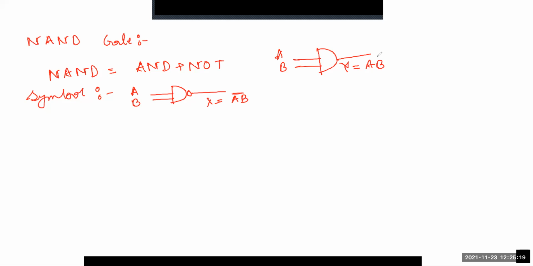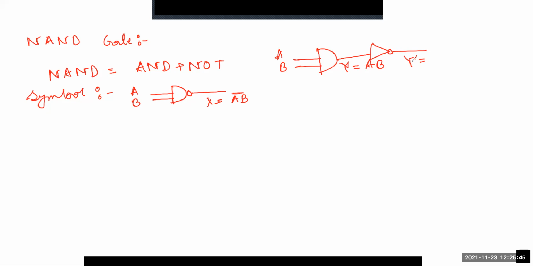So again, this is a NOT gate. So if it is NOT gate, here y dash equals to what? What is the output here? Just few minutes ago we saw the NOT gate. So here in this NOT gate the input is AB.